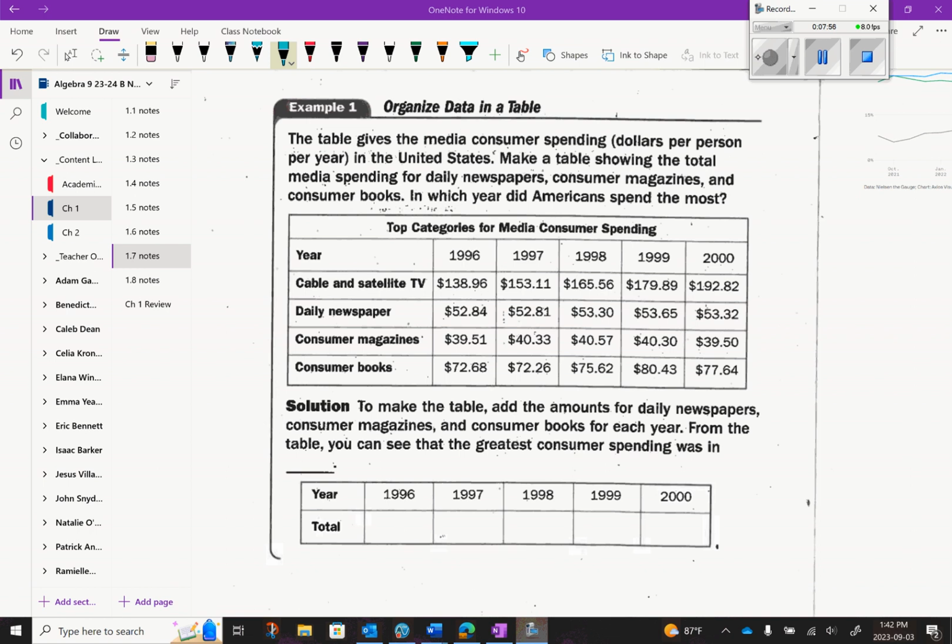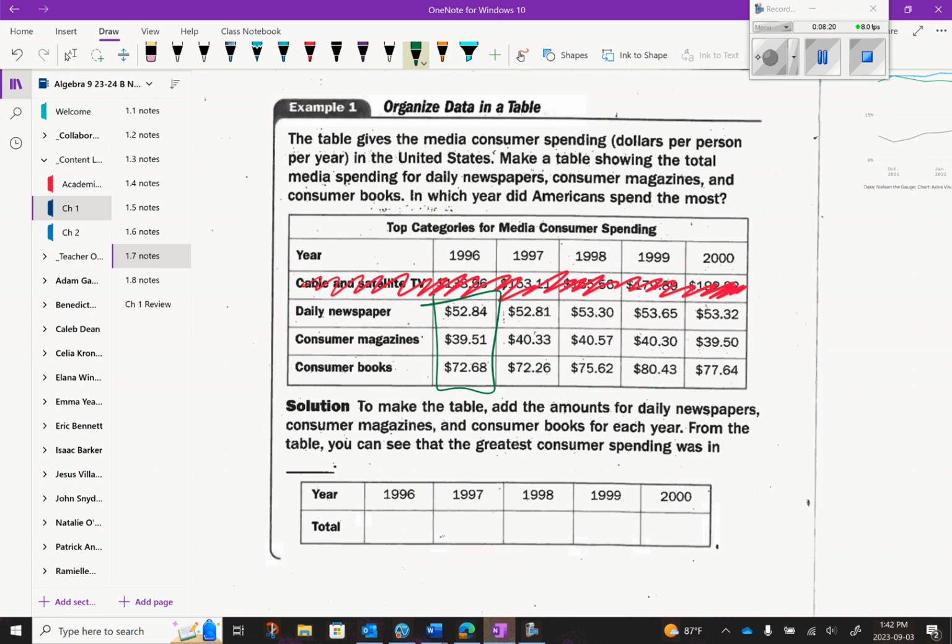Now, again, the directions here, let's be careful. Total media spending for newspapers, magazines, and books. So basically, they gave us too much information. We're going to ignore this row entirely. Okay. Then what we're going to do is start adding things together.